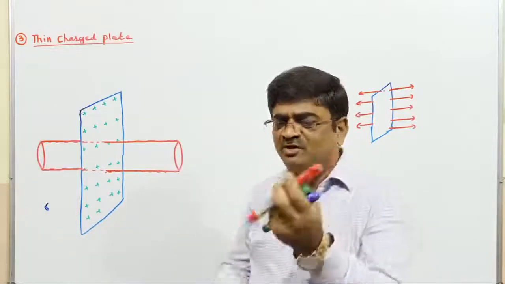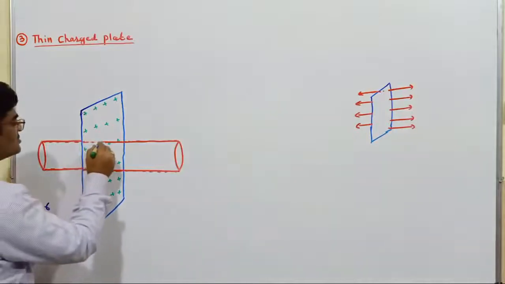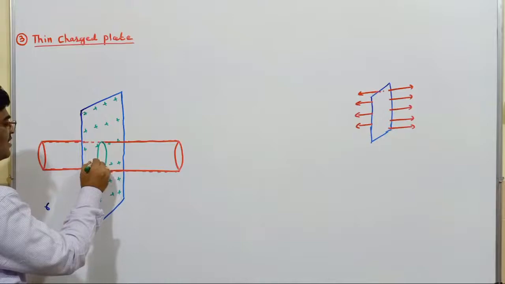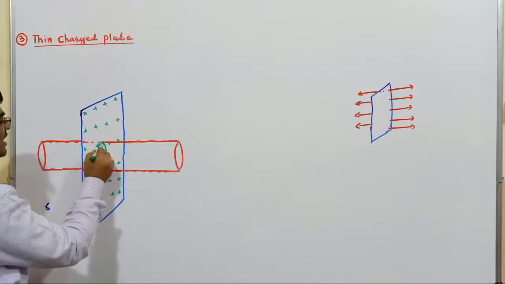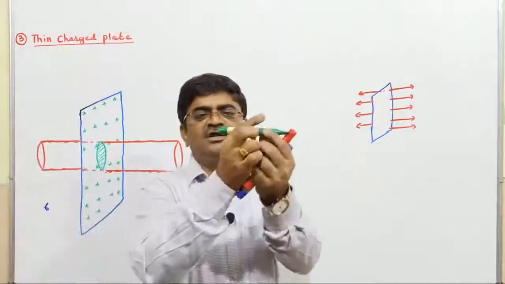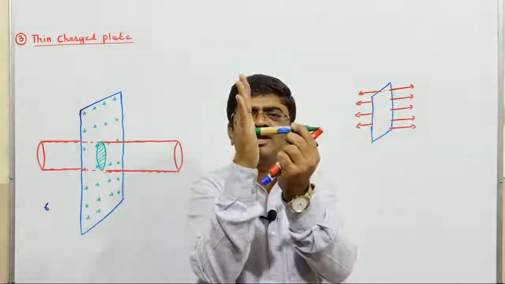Look here, children, what is going to happen? Had I drawn it only up to this, I would have had charge on the surface of the Gaussian.